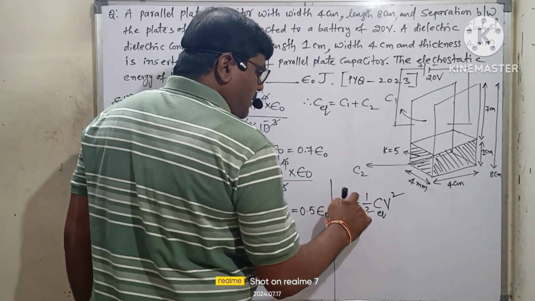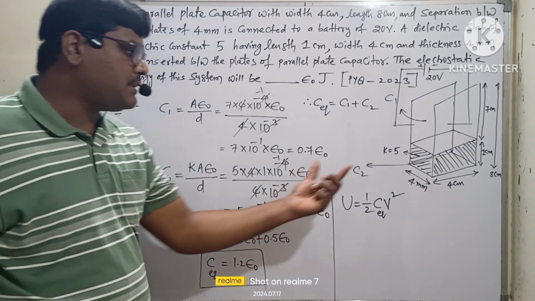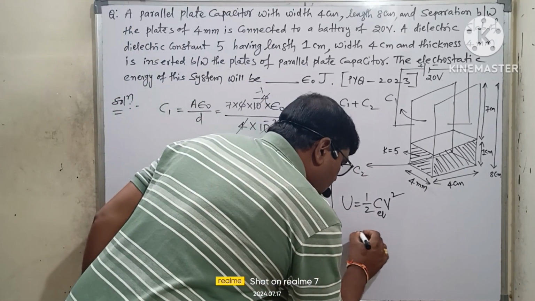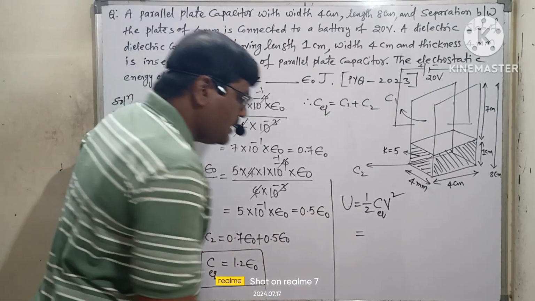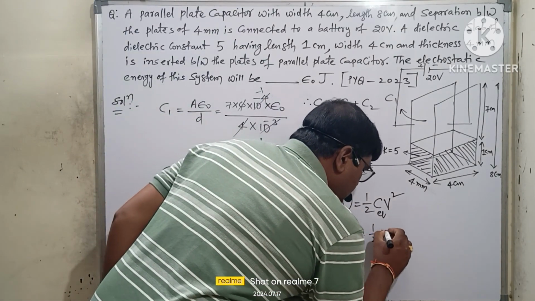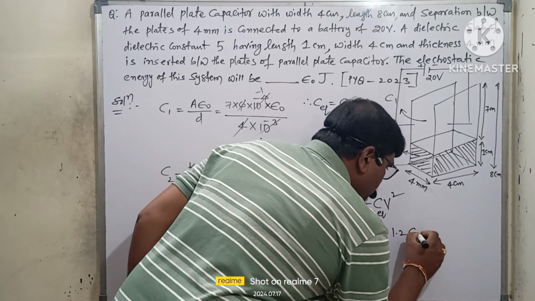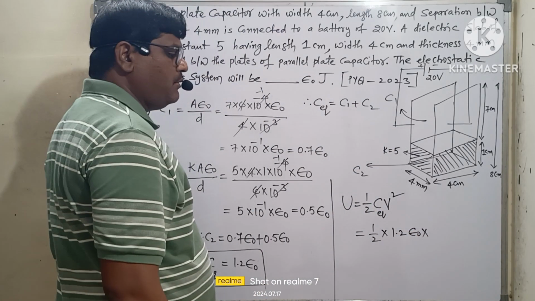That is the potential energy stored in a capacitor. C equivalent we already know is 1.2. So that is 1 by 2 into 1.2 into epsilon naught into V square.